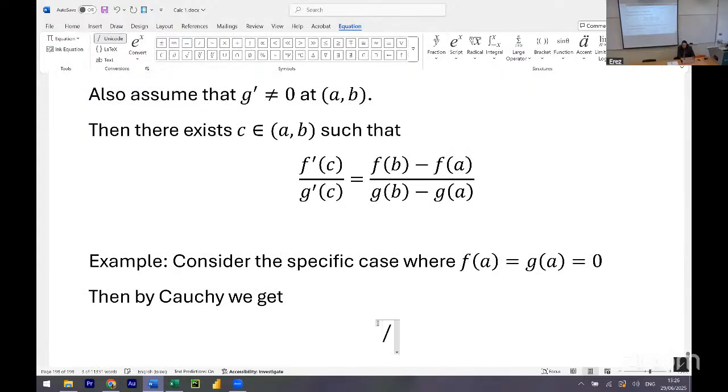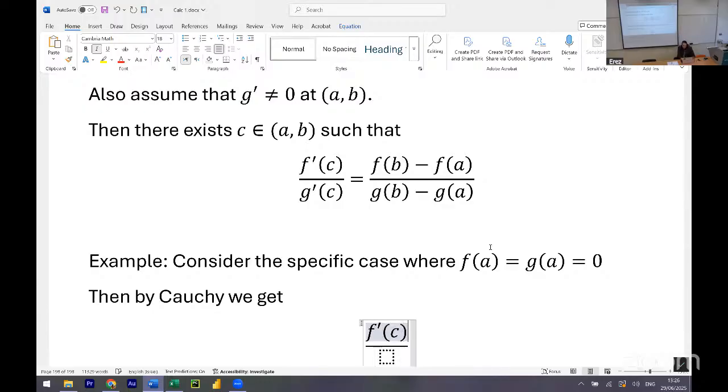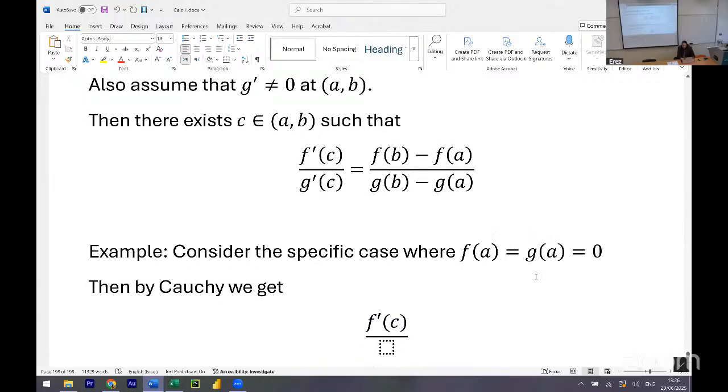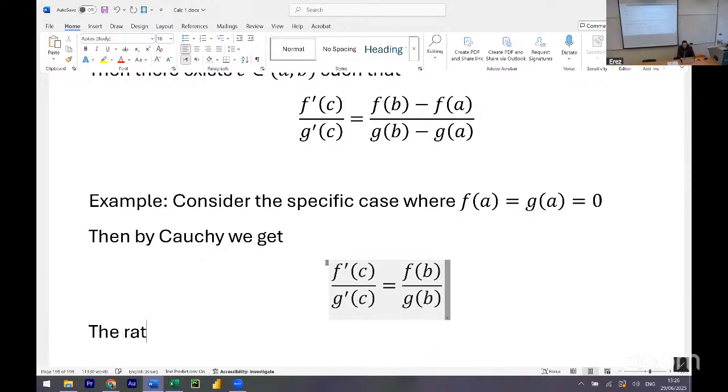We get the ratio between the derivatives. What does it equal? But f of a equals g of a equals 0, so it's the ratio of the functions themselves. The ratio of the derivatives equals the ratio of the functions.